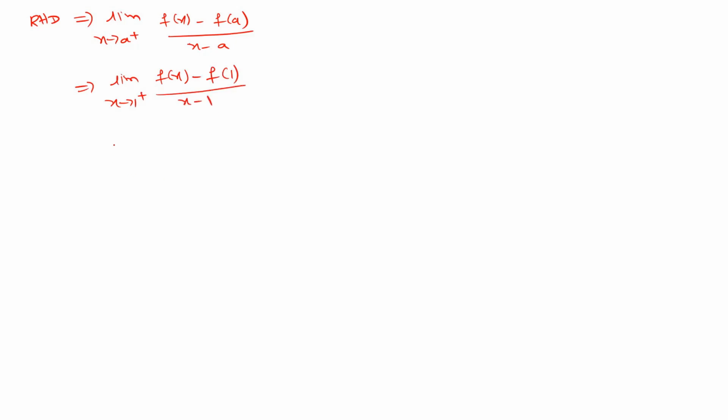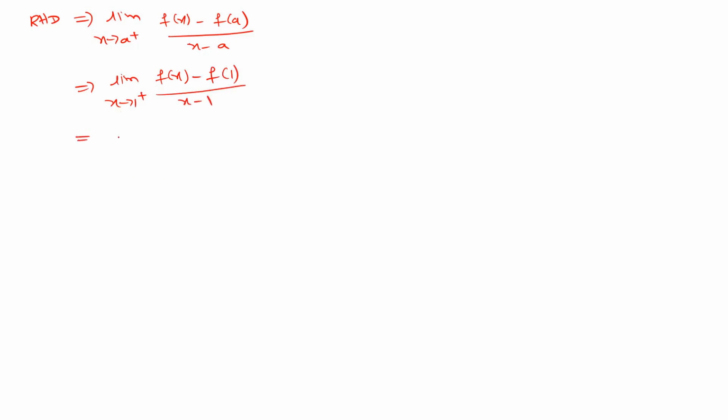So RHD is nothing but limit x tends to a plus, f of x minus f of a divided by x minus a. Since a is 1, limit x tends to 1 plus f of x minus f of 1 divided by x minus 1.